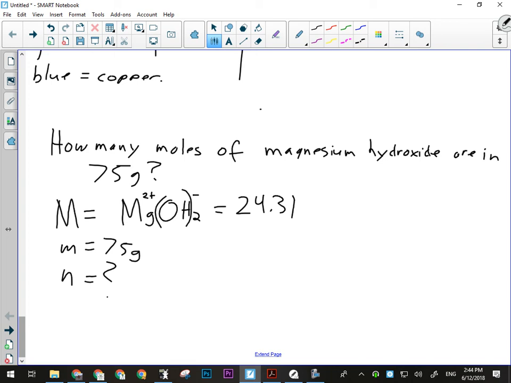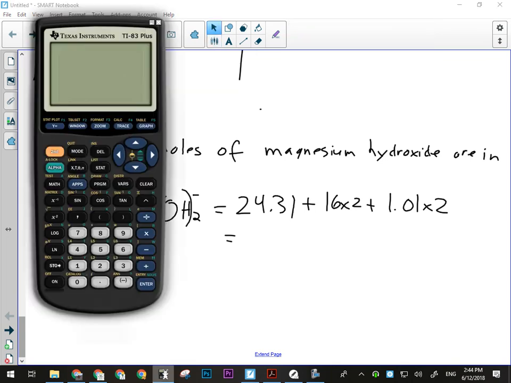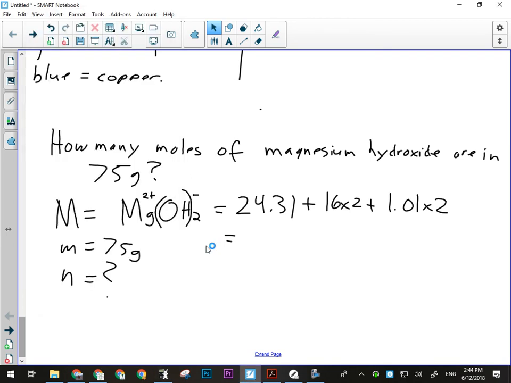There's only one magnesium. There are 2 oxygens, and there are 2 hydrogens. That will get me my molar mass. All right, so 58.33 is my molar mass.